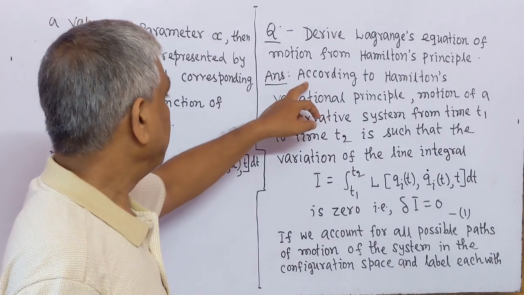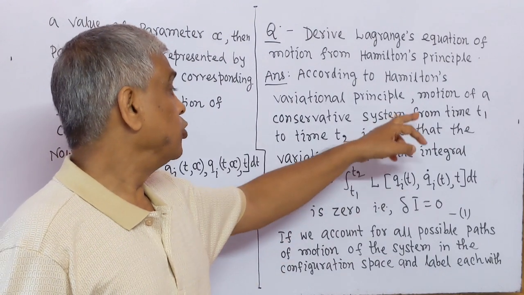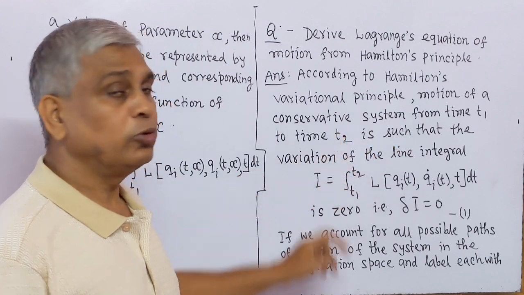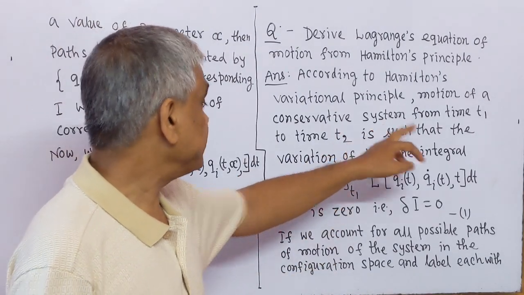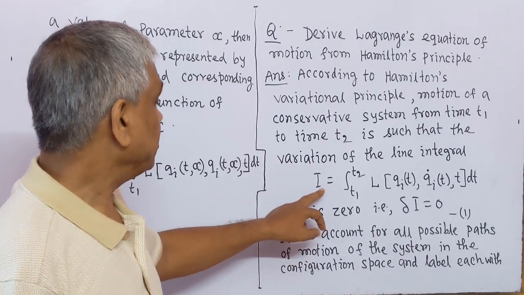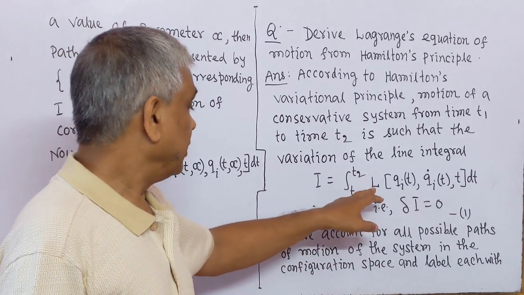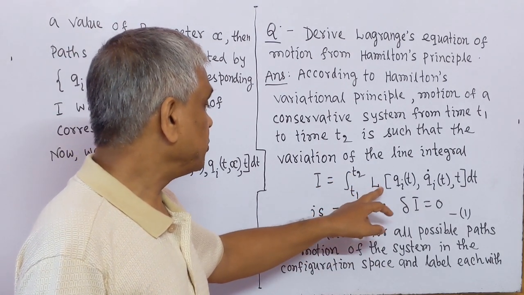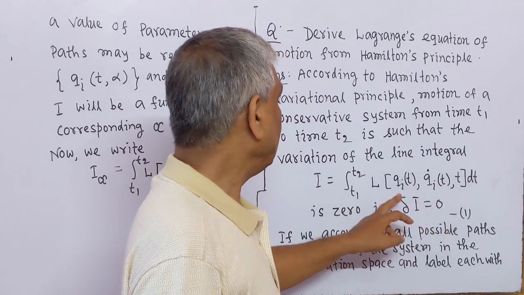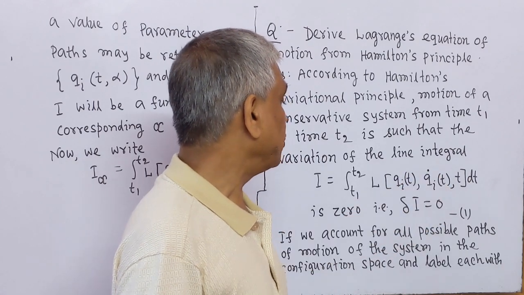Answer: according to Hamilton's variational principle, the motion of a conservative system from time t1 to time t2 is such that the variation of the line integral I, equal to the integral from t1 to t2 of the Lagrangian function L, which is a function of qi, qi dot and t, dt. Here qi is a function of t and qi dot is also a function of t.